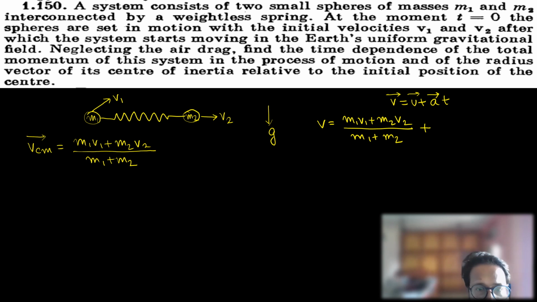What is the value of acceleration? g vector downward. So plus g into t. And what does this v give us? This v gives us the velocity of center of mass at this time.